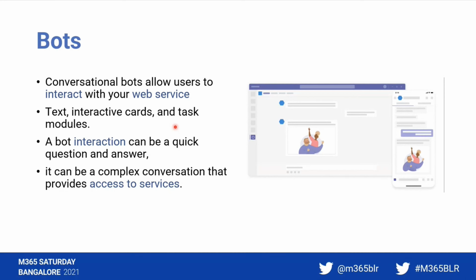So bot is also another common type of Teams app which you would see, and which will allow the user to interact with the bot and do certain actions. Certain examples of a bot can be wherein you have an ERP system in place, and a request has been created for the user.